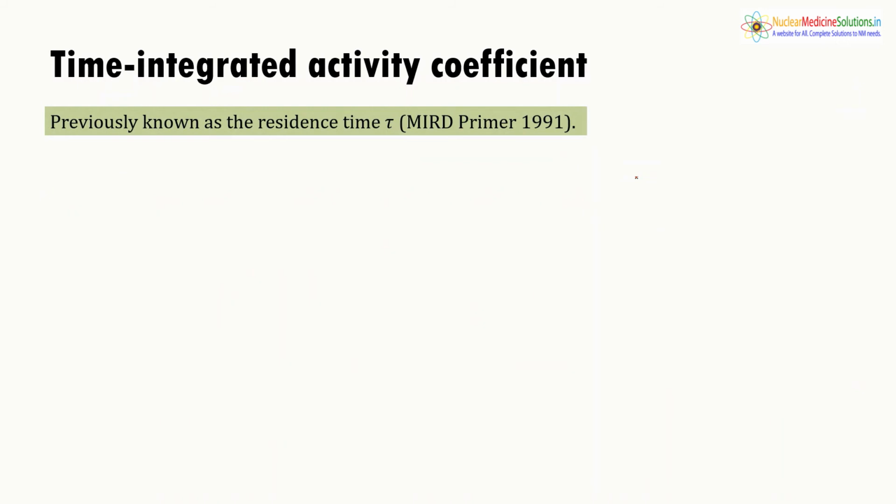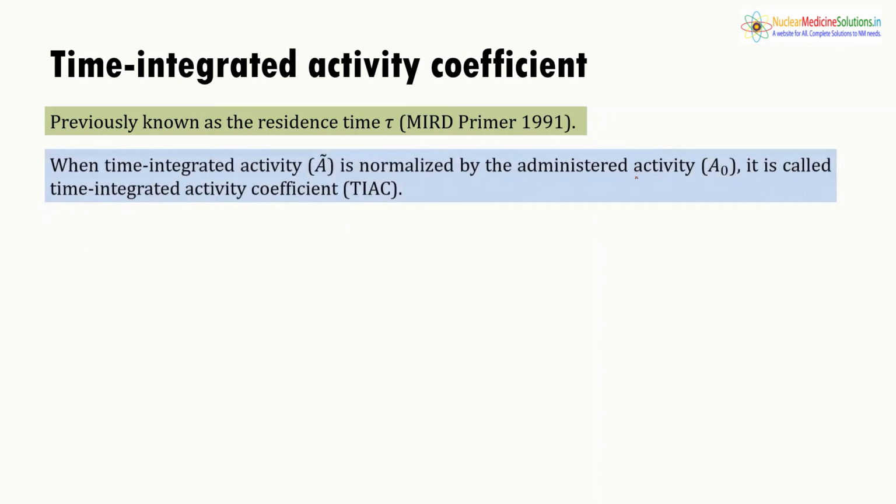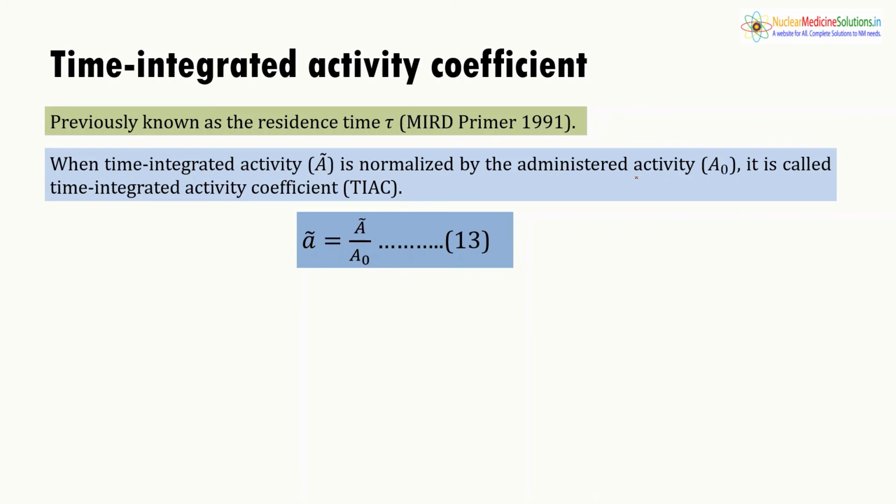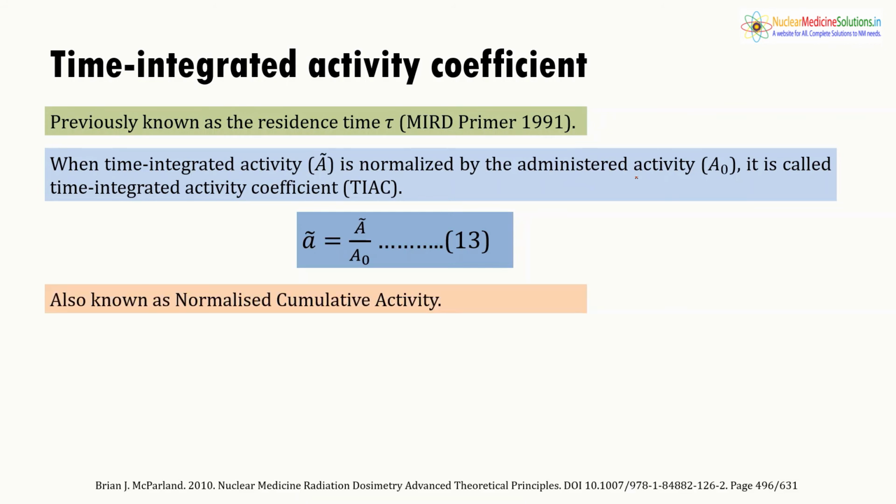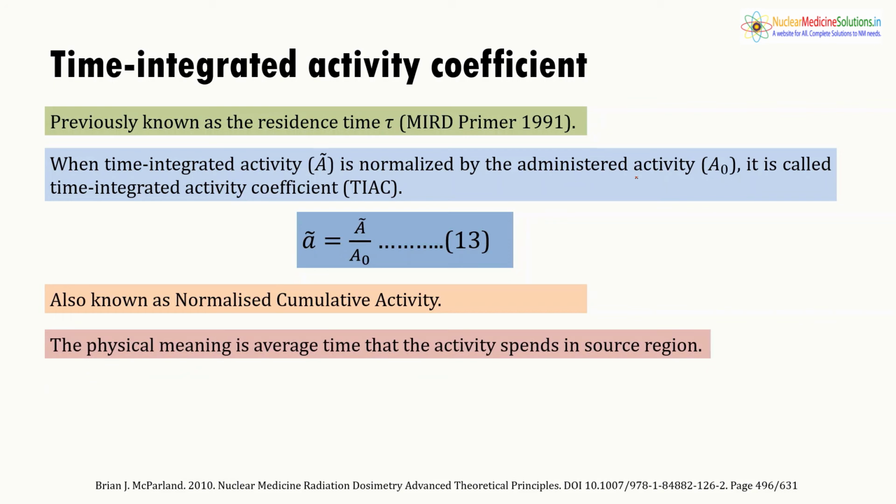There is a term called time integrated activity coefficient, which was previously known as residence time in the MIRD primer 1991. When time integrated activity A tilde is divided by administered activity, it is called the time integrated activity coefficient. It is also known as normalized cumulative activity in some literature, and its physical meaning is the average time that an activity is spent in the source region.